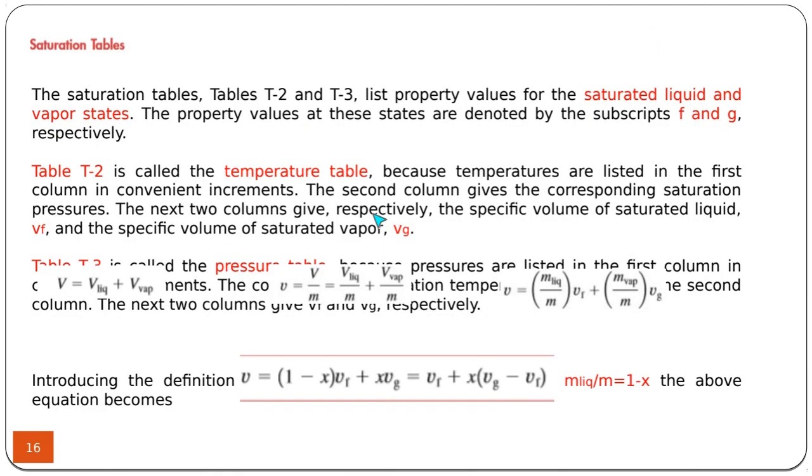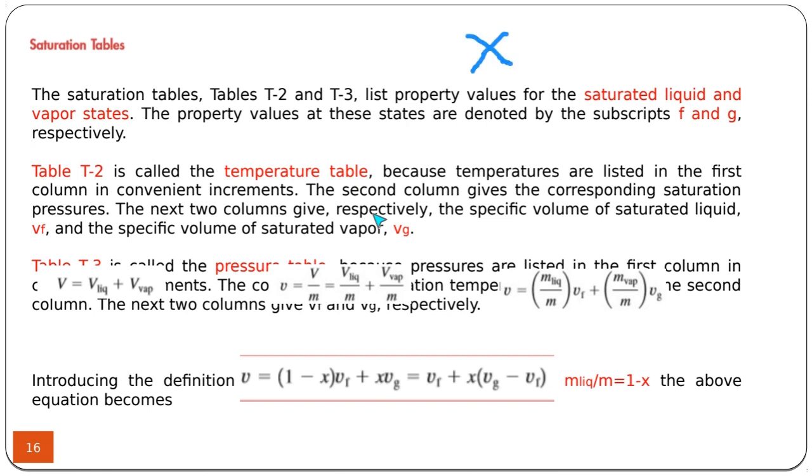So once you have the values of the saturation, you can use it to calculate the properties in the mixing zone. Because in the mixing zone, you have a mixture of liquid and vapor, and the definition of this mixture is given by the quality.